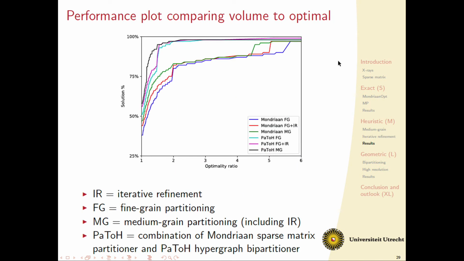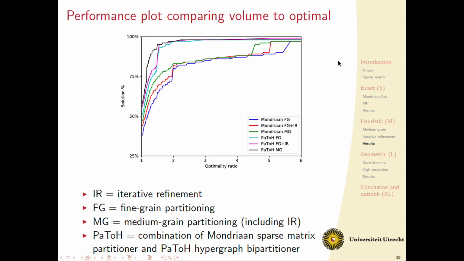And here I show a performance profile of 6 different methods, compared to the optimal. Because the aim of having optimal solutions is that we can once and for all say how good our partitioners are, how good is medium grain, or fine grain, which is a method developed by Umit Catalyurek and Cevdet Aykanat. What this picture means is that you see on the x-axis how far from optimal you are.